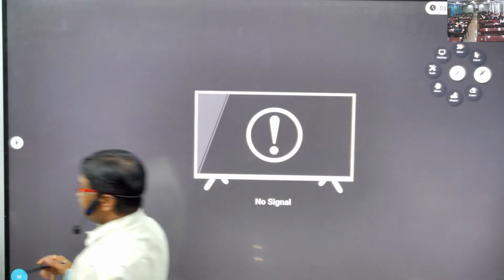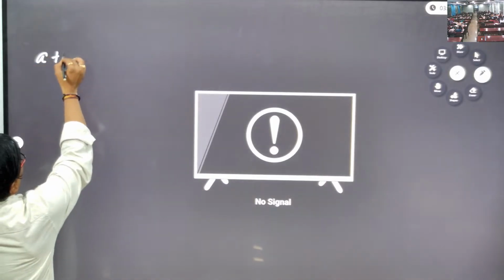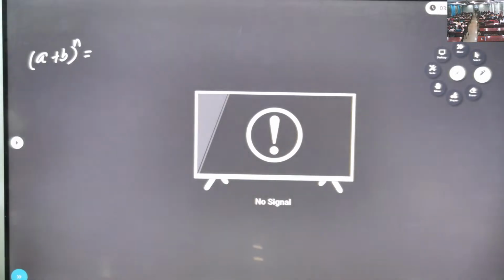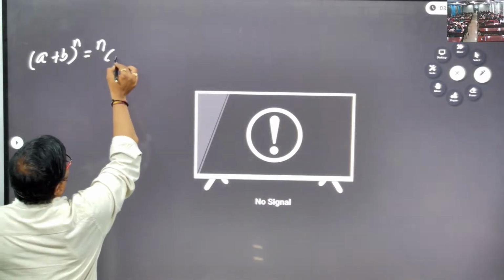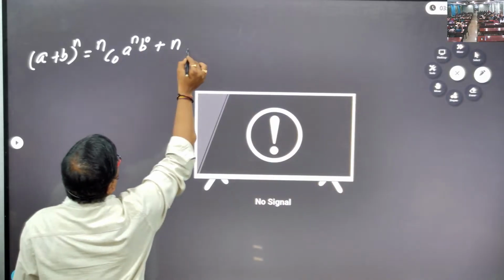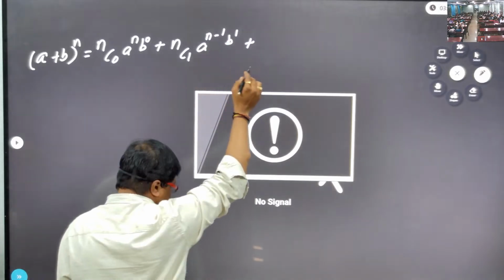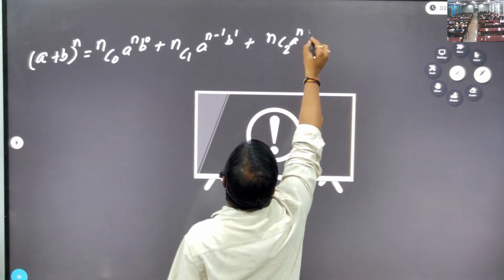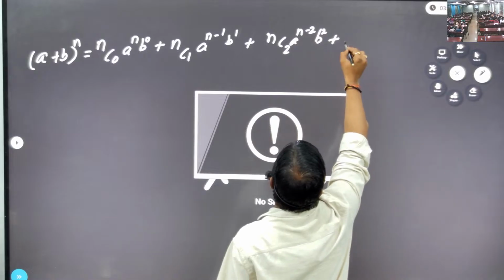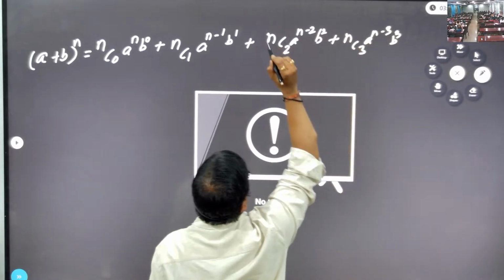Okay, so tell me the values for a plus b power n. a plus b power n is equal to what is my value? nC0 a power n b power 0, plus nC1 a power n minus 1 b power 1, plus nC2 a power n minus 2 b power 2, plus nC3 a power n minus 3 b power 3. Sorry, 1, 2, 3. Okay, done.